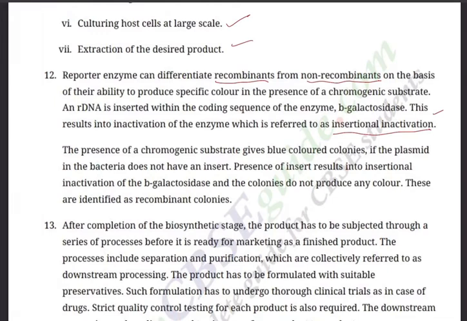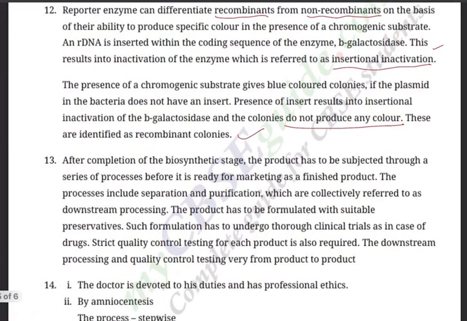The presence of a chromogenic substrate gives blue colored colonies. If the plasmid in the bacterium does not have an insert, the colonies are blue. The presence of an insert results in insertional inactivation of beta-galactosidase, and the colonies do not produce any color. These are identified as recombinant colonies. This is how we differentiate recombinants and non-recombinants.